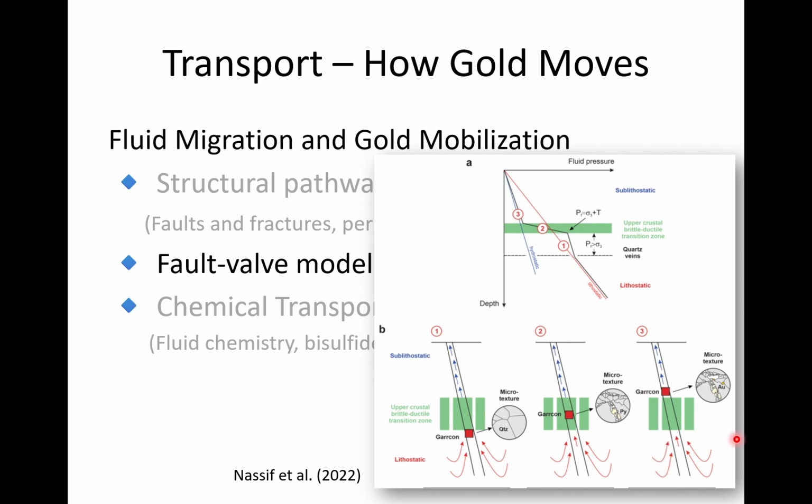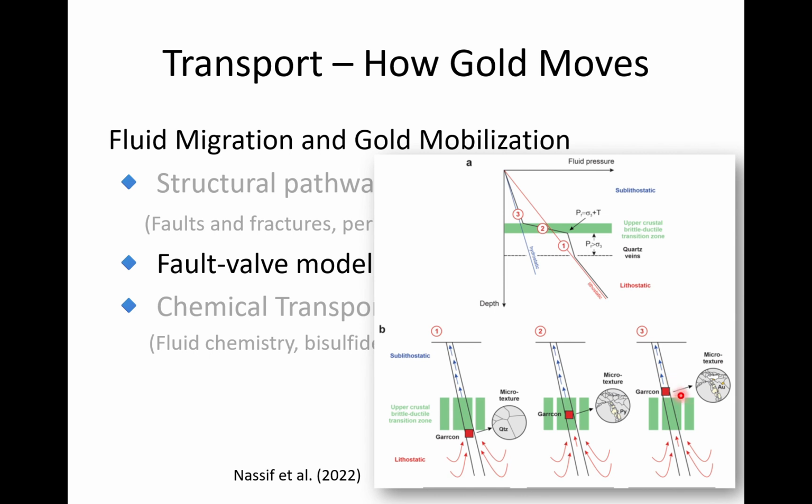In stage 3, above the brittle-ductile transition, the regime here is hydrostatic, as we discussed. There is a final decompression, and we have native gold precipitation.